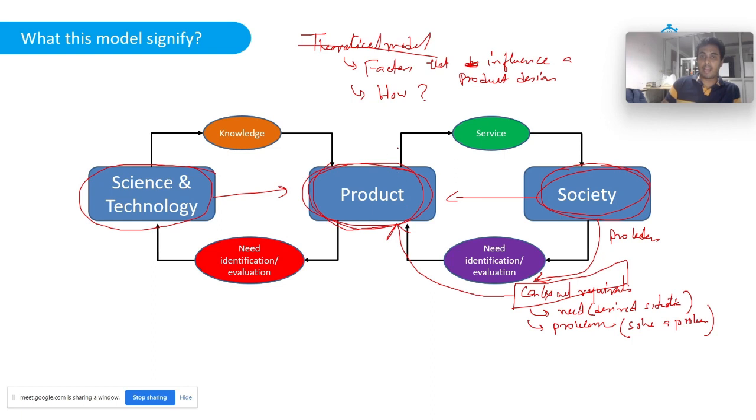This is an input from society. And then as an output, you give a service to the society.